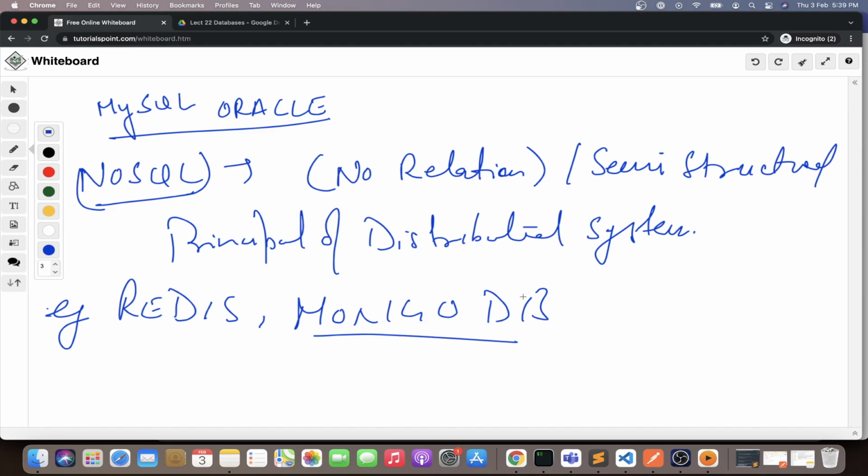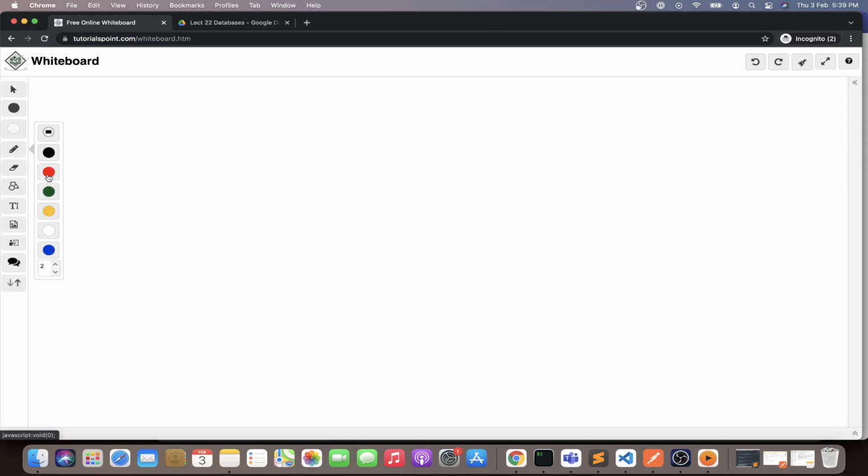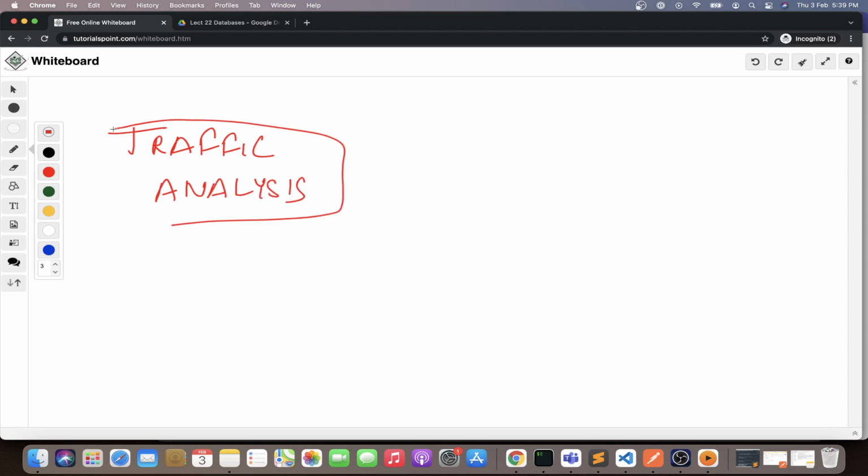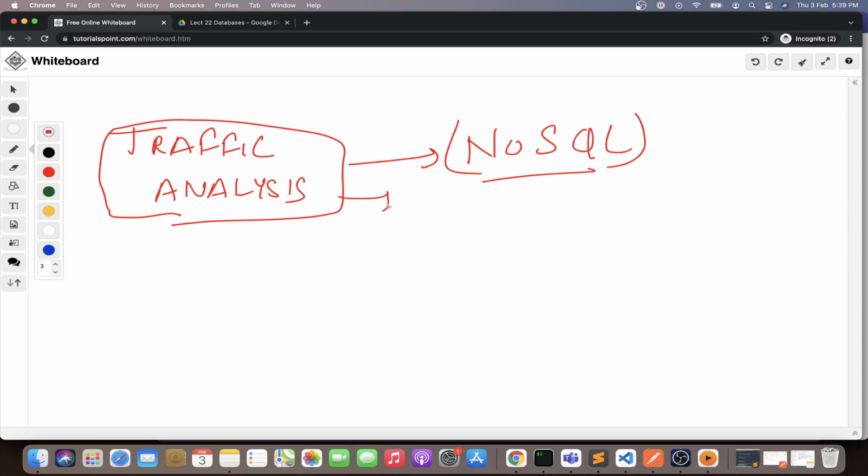I just have a quick question, then we'll discuss the types. For example, if we need to do traffic analysis, we generally use a NoSQL database because we don't require a well structured solution. We just need the average cases, a rough data.